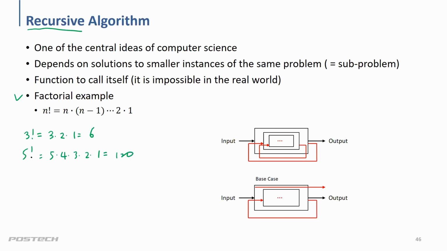As you can see here, 5 factorial, and this one we know is 4 factorial. And this is 2, 1.